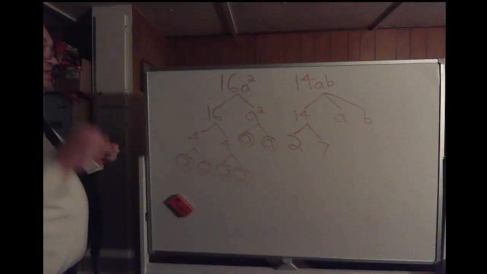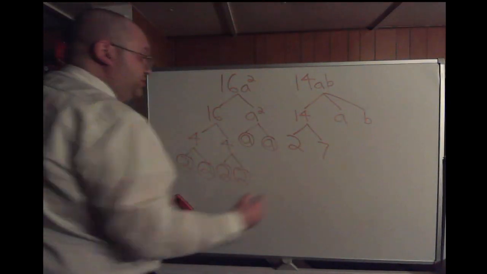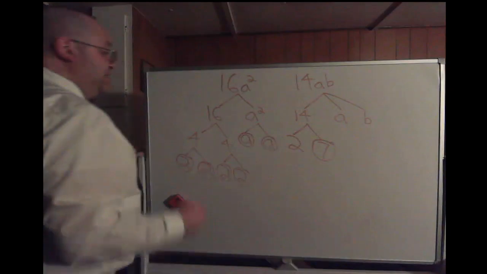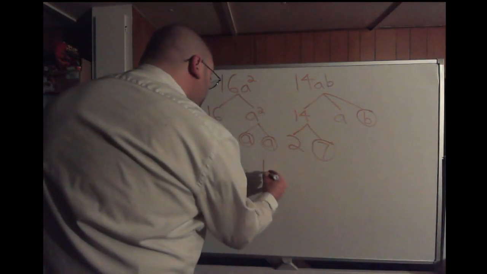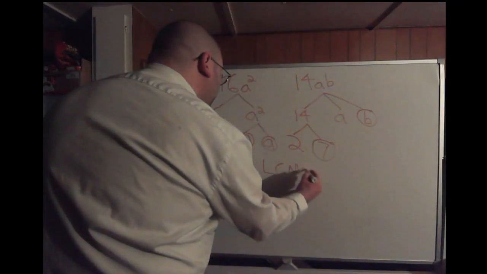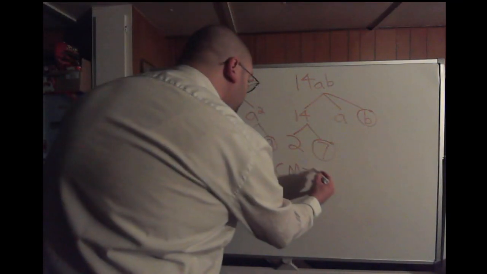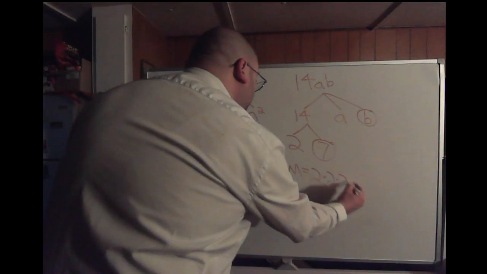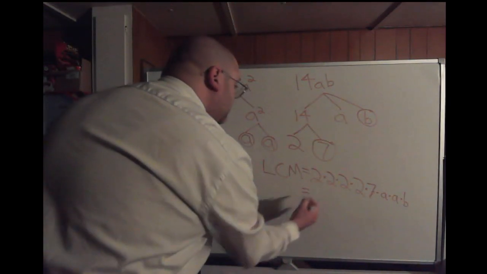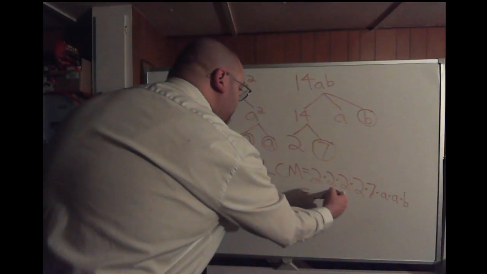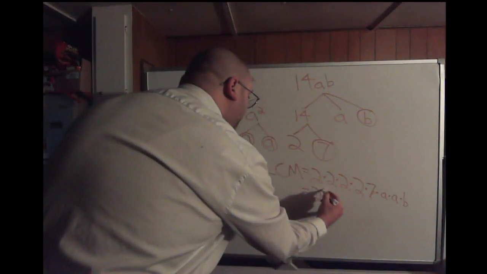Now, what they don't have in common is a 7, so you're going to circle that 7. They don't have a b in common, so you'll circle the b. And then you can work out your least common multiple now. The least common multiple is equal to 2 times 2 times 2 times 2 times 7 times a times b, which we know 2 times 2 times 2 times 2, that's 2 to the 4th.